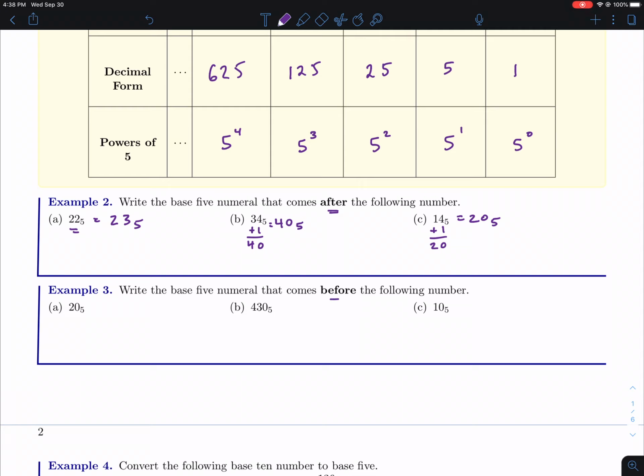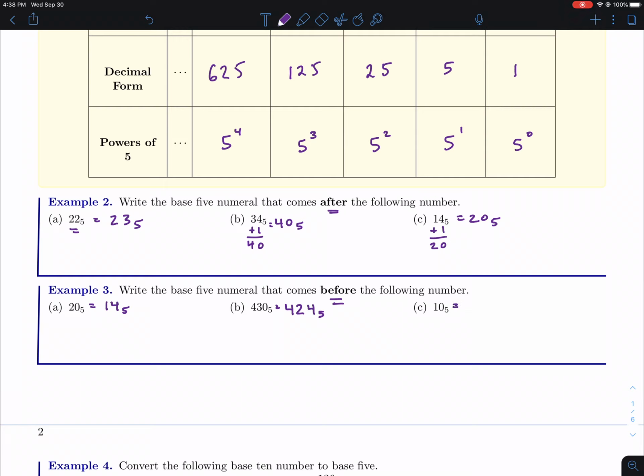All right, so what if I was trying to go backwards? What if I was trying to figure out the number that came before? So if I was at 2 0, then I'm kind of taking 1 away. That would put me at 1 4 base 5. And if I was at 4 3 0, then again, if I take 1 away, that's going to put me at 4 2 4.